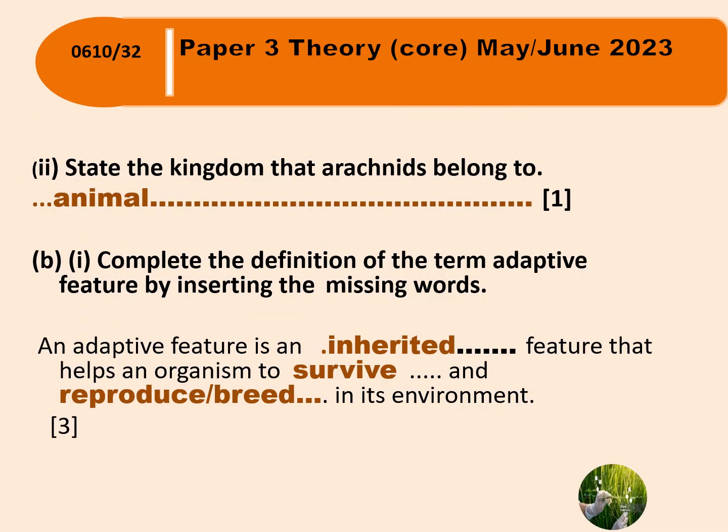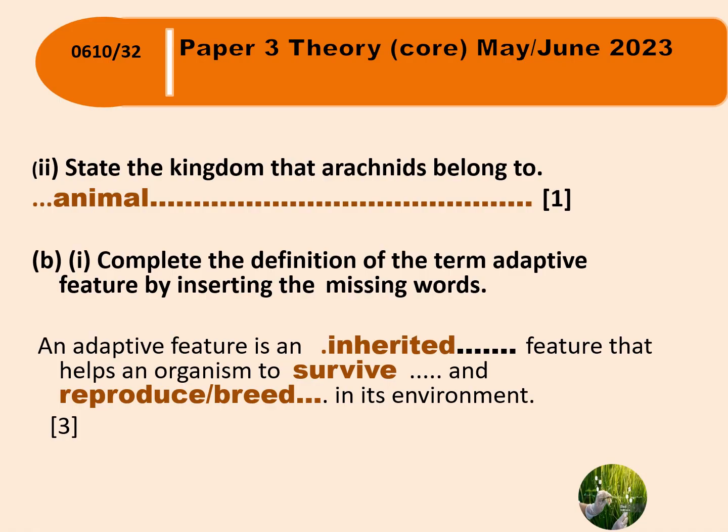Of the same question, state the kingdom that arachnids belong to. So it is the animal kingdom. That is the answer. Then B1 is complete the definition of the term adaptive feature by inserting the missing words. Now, adaptive feature is an inherited feature that you should know.